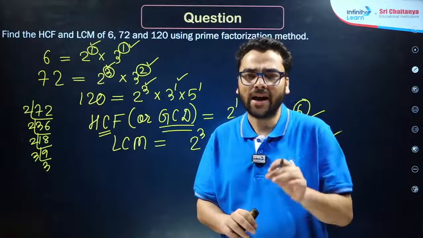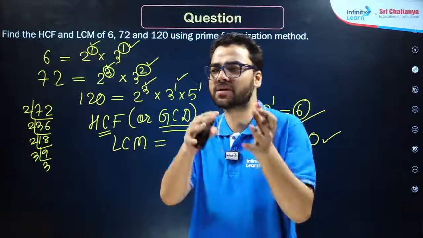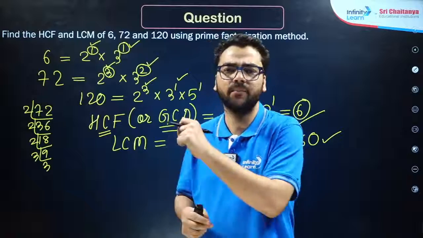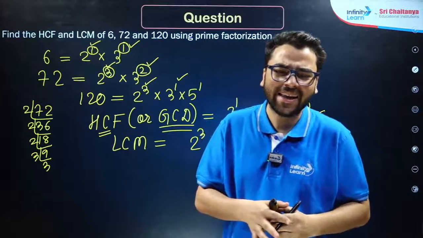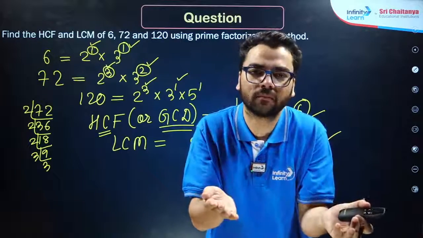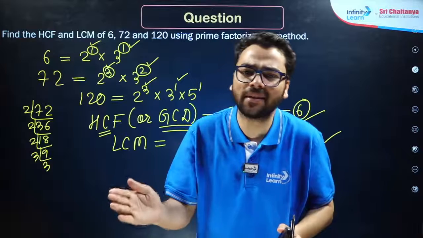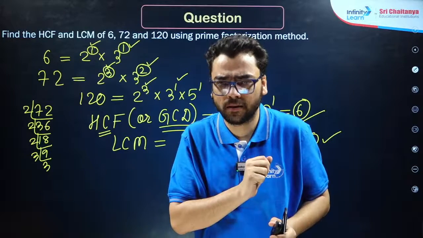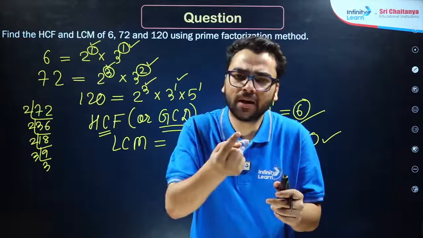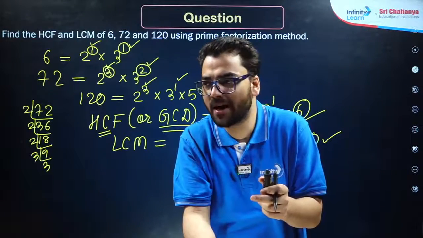See, HCF of any number of numbers, if you have got 2 numbers or 3 numbers or 5 numbers or 10 numbers, whatever it is, just think that logically. HCF is what? Factor. So factor of any number can never be greater than that number. Is it possible? For any number, the greatest factor is equal to the number itself. Am I right?